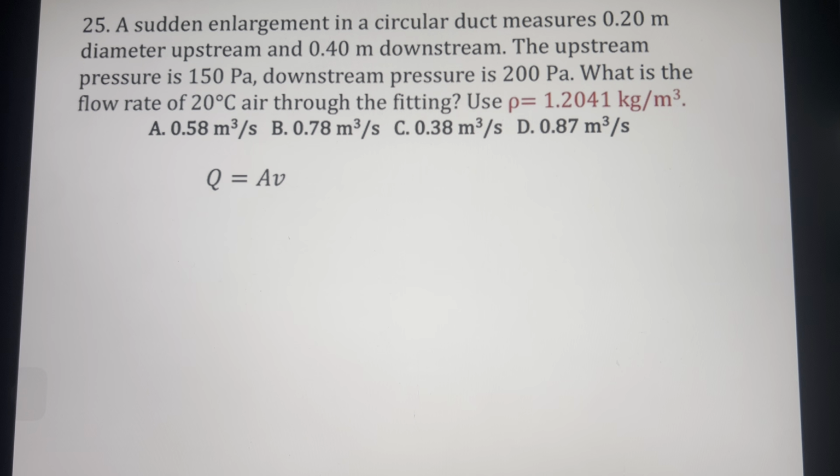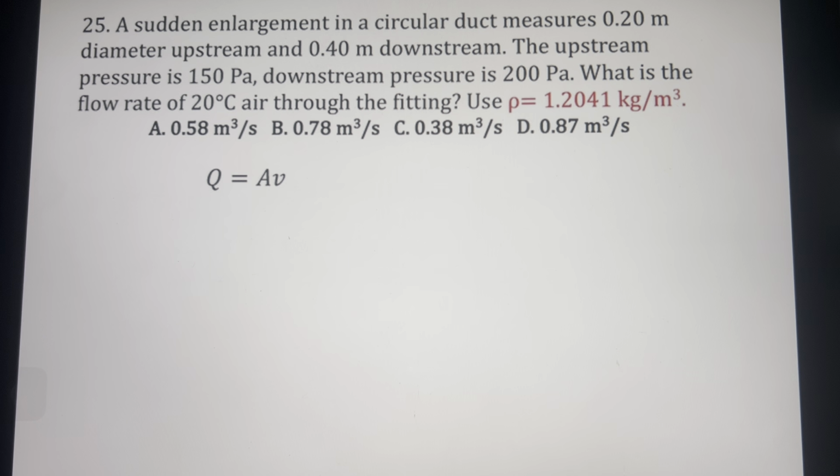Using the conservation of energy in the upstream and on the downstream, we have a derived formula for the pressure loss due to the sudden enlargement. That's equivalent to V1 squared rho over 2, quantity 1 minus area 1 over area 2, quantity squared.